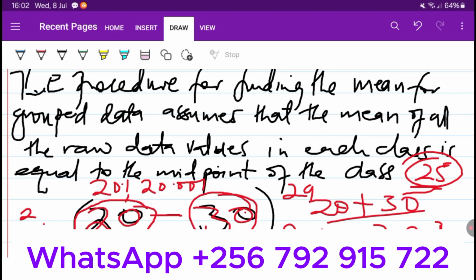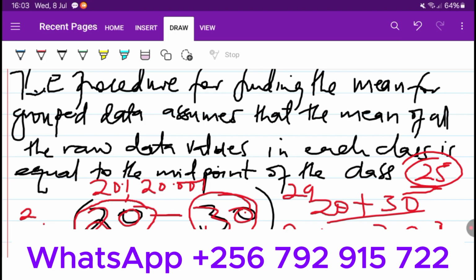It is assumed that each of the values within a class interval is equal to the midpoint of that class. The other key thing to note is that the class intervals are always assumed to have the same size. If from one class to another we are skipping 10, we should be skipping 10 throughout. That's the other assumption.